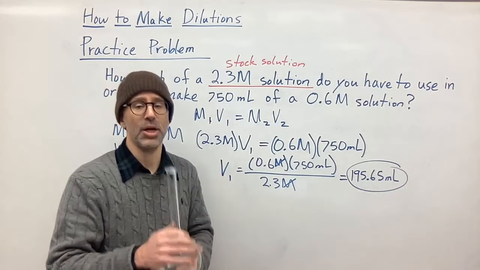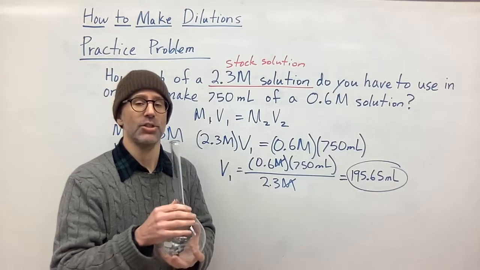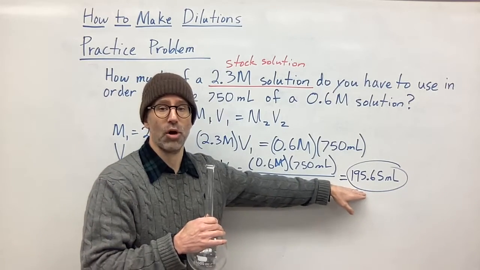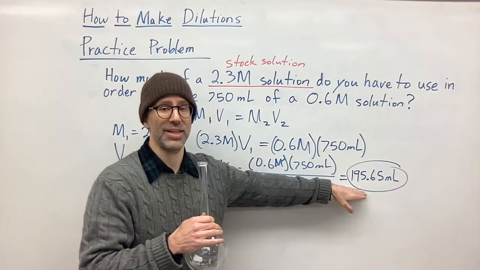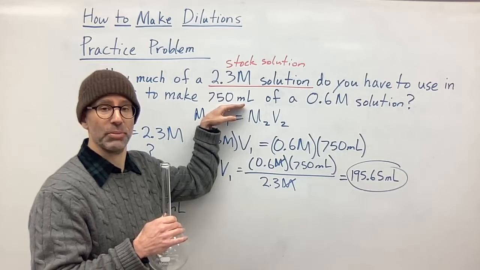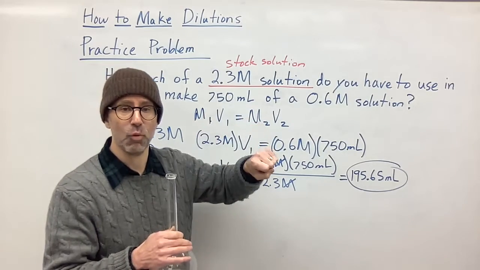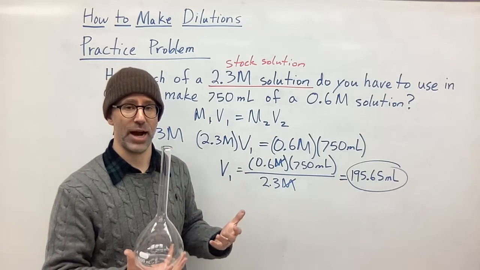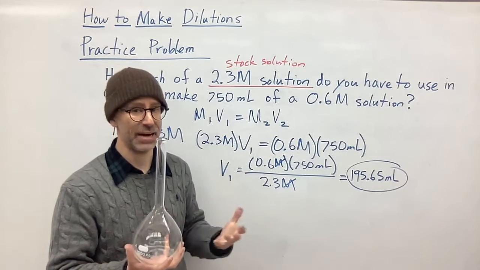But in the lab, you would never do that. Don't subtract the volume of your stock solution from your target volume and then add that amount of water. That would not work, because you're assuming volumes are additive, and a lot of times they're not.